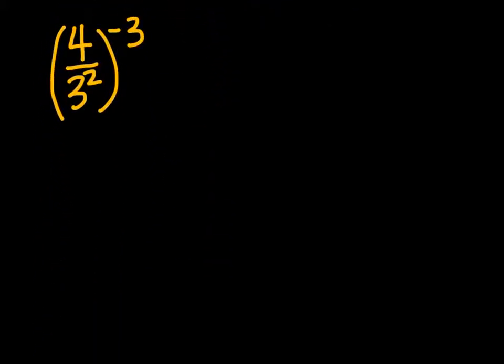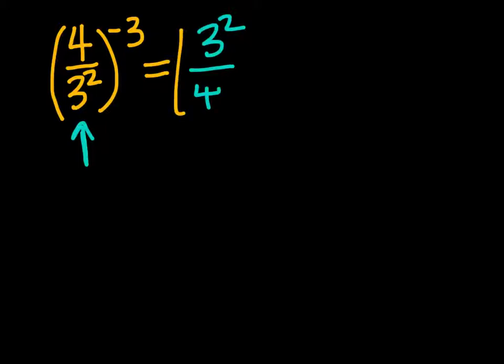We have 4/3 squared raised to the -3rd power. So according to this negative quotient property, we can flip this whole idea. So we're going to flip it and have the 3 squared on top and the 4 on the bottom. And if we've done that, our exponent also needs to change and it'll become a +3.